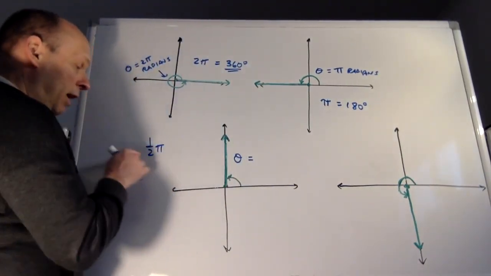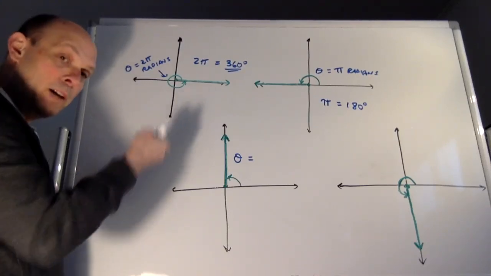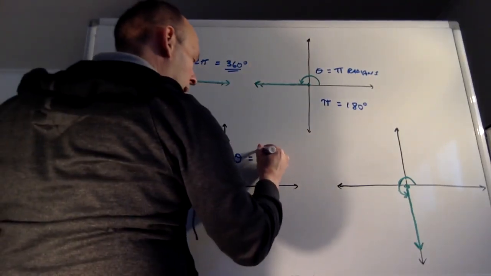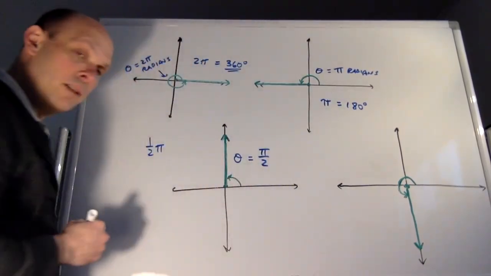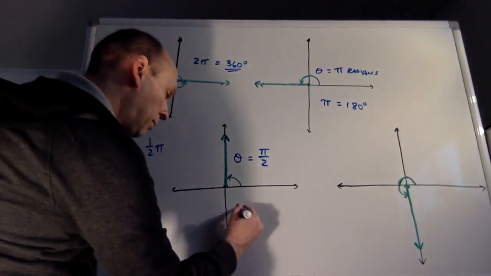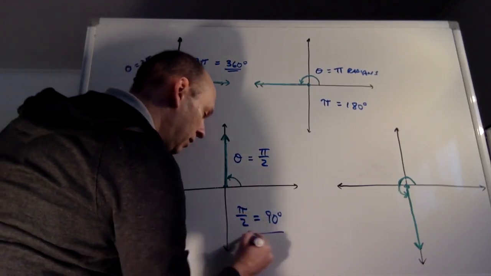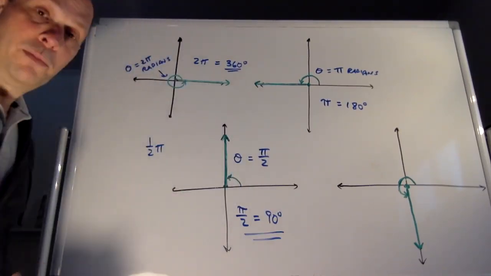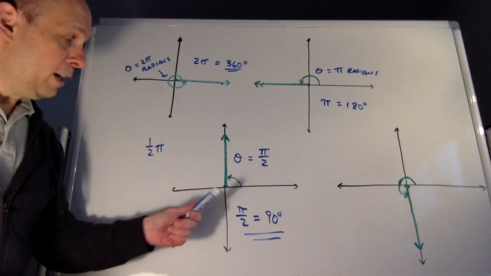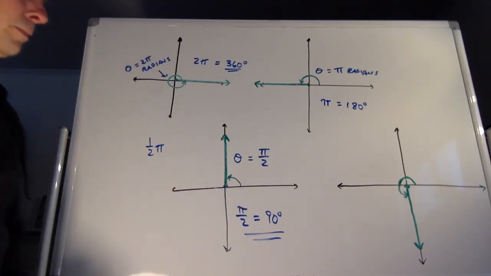We write it as 1/2 times pi, which of course is pi over 2. So pi over 2 radians is what we have here. So now we've just learned that pi over 2 in radians is the same thing as 90 degrees. And that's going to be a really important one for us to know. So pi over 2 is 90 degrees.